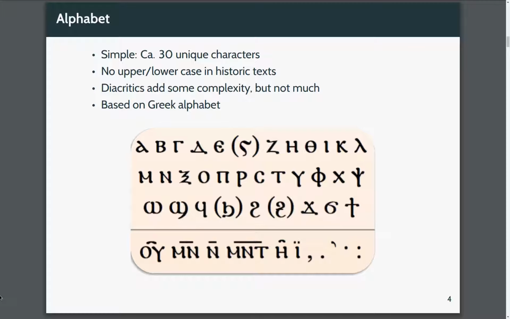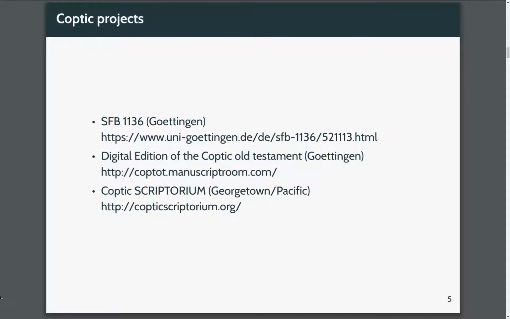There are several digital humanities projects in Coptic studies, and many of them need Coptic OCR. For example, Collaborative Research Center, or Sonderforschungsbereich 1136 in Göttingen, creates a text corpus of selected monastic works in Coptic, or digital edition of the Coptic Old Testament in Göttingen creates a digital edition of the Coptic translation of the Old Testament.